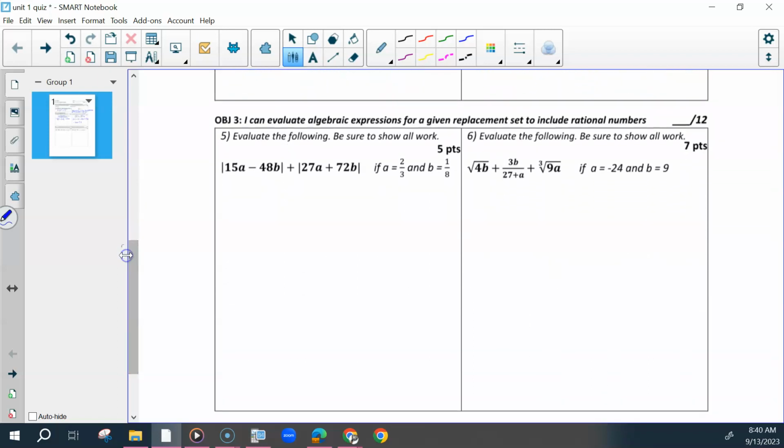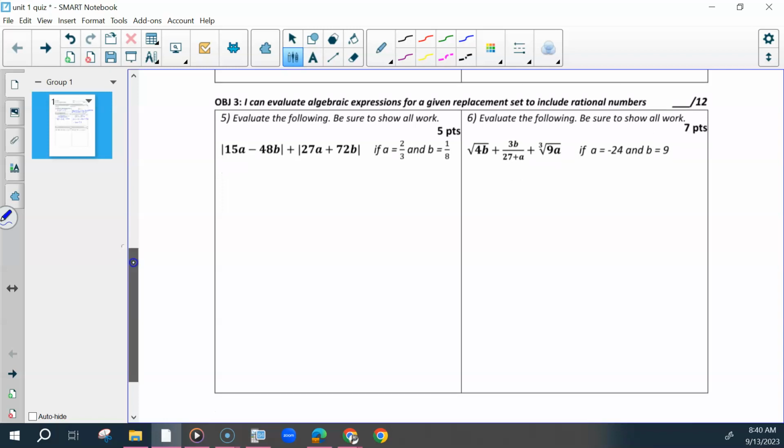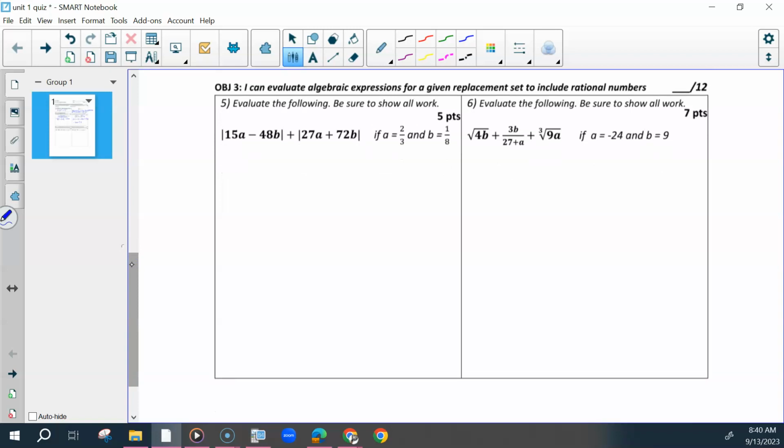And then evaluating. Most of what I saw that were issues were just not showing every step. But then there were also some, we forgot something somewhere and it changed our answer completely. So the first thing, you should be putting these numbers into this exactly as you see it. So with the absolute value. With these, use parentheses instead of dots. We should be using parentheses more so than dots, unless absolutely necessary.